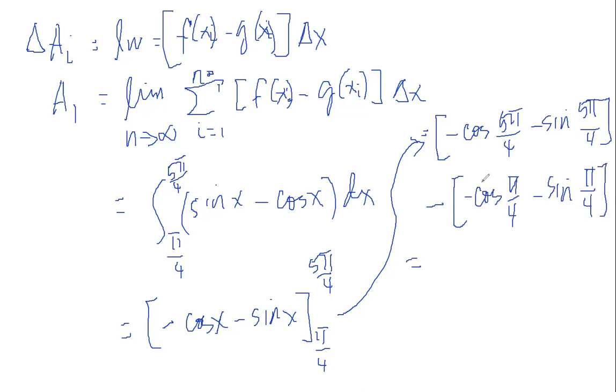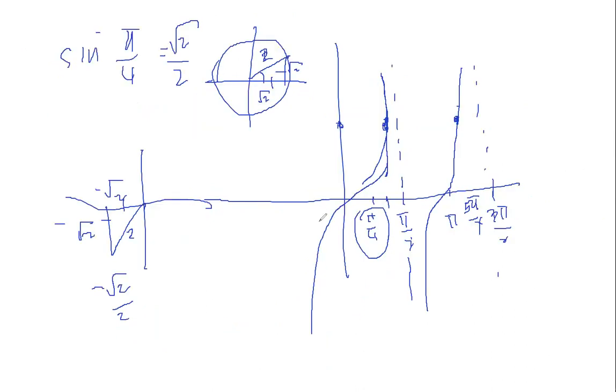Okay, so let's simplify. Now, let's go back to the unit circle. What is cosine 5 pi over 4? Okay, cosine 5 pi over 4, 5 pi over 4 is here. So that's negative. Cosine 5 pi over 4 is equal to cosine.